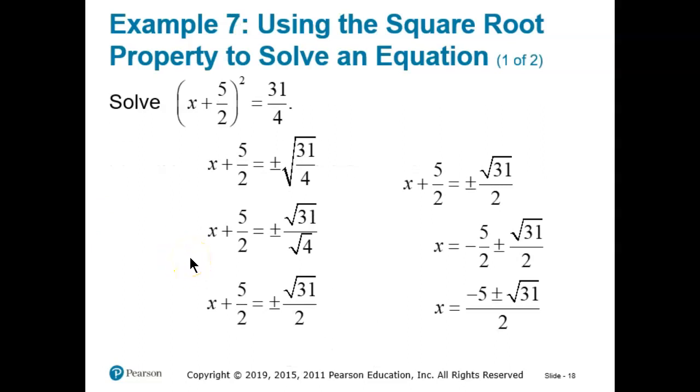Looking at this problem, the quantity x plus 5 halves, the quantity squared, equals 31/4. We are going to take the square root of each side, and when we do so, we lose the parentheses on this side and we add the plus or minus on the right side.